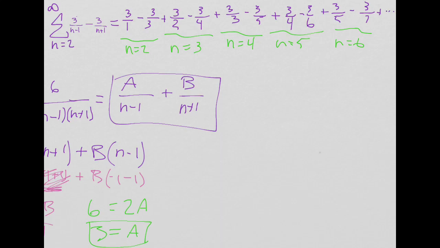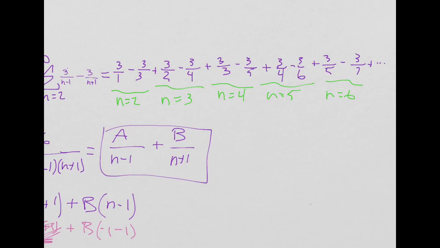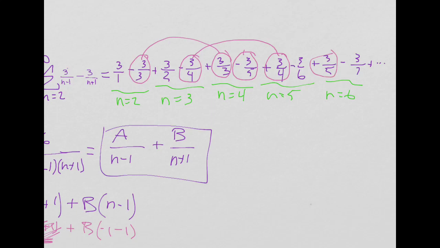But now let's find our pattern for what is going to cancel out, because that's what we're interested in. So notice we have a negative 1 and a positive 1, and those are going to cancel. And we have a positive 3/4 and a negative 3/4, and those are going to cancel. And we have a negative 3/5 and a positive 3/5, and those are going to cancel.